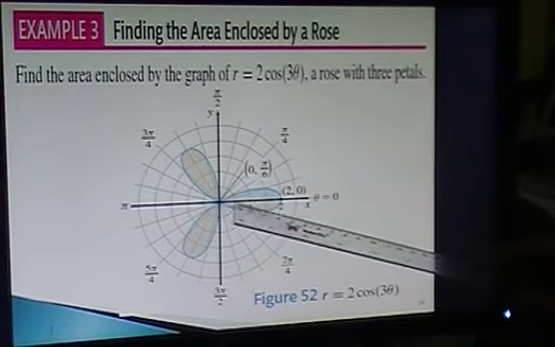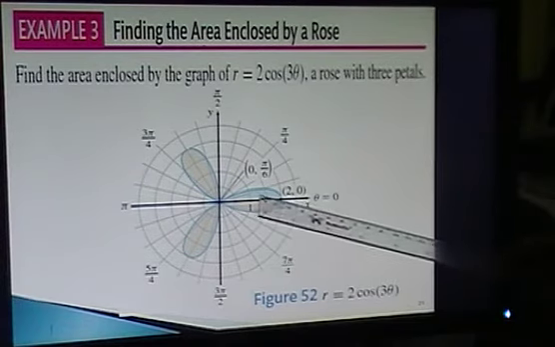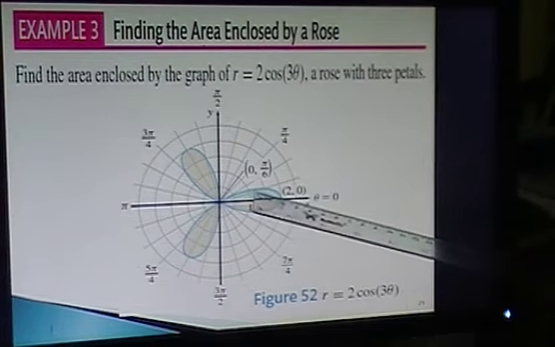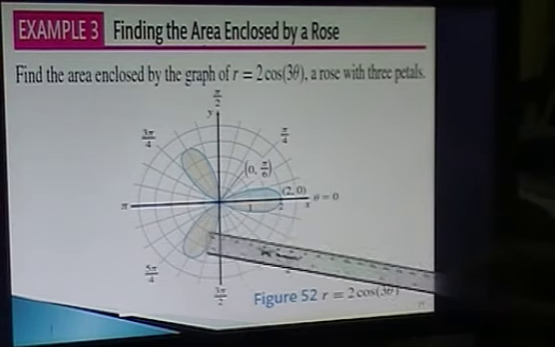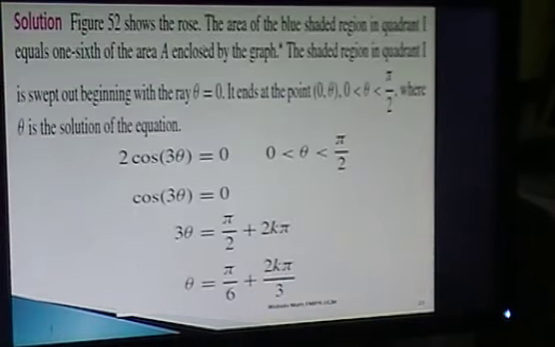It's just a half of petals, and then times 1, 2, 3, 4, 5, 6 times. We will see how to calculate this area.